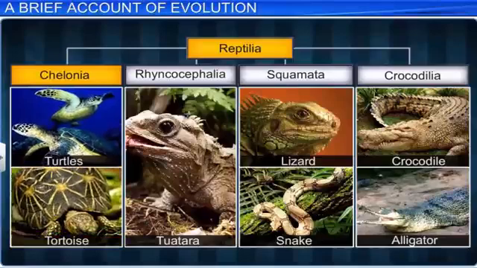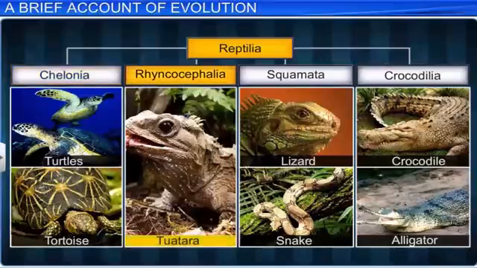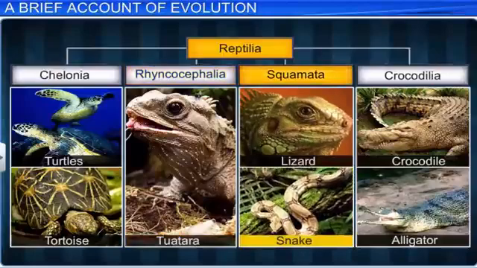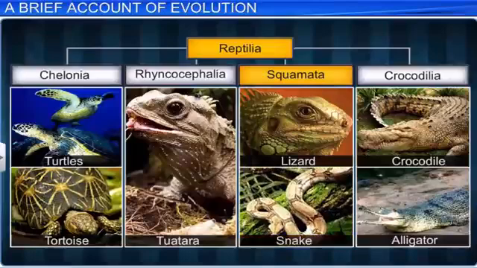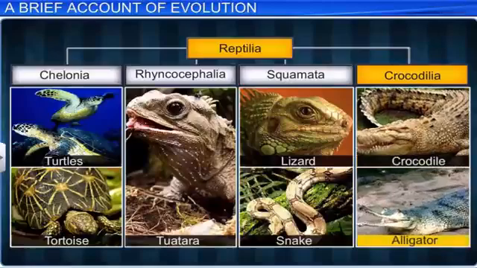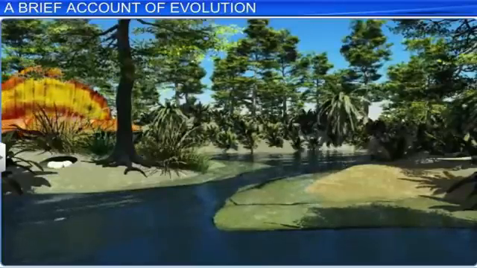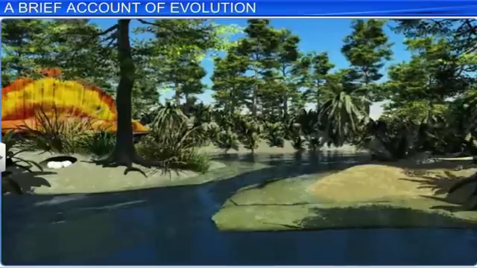The second order, Rhynchocephalia, includes Tuatara. The third order, Squamata, includes lizards and snakes, while the fourth order, Crocodilian, includes crocodiles and alligators. Meanwhile, the plants that existed during the Permian age were ferns.